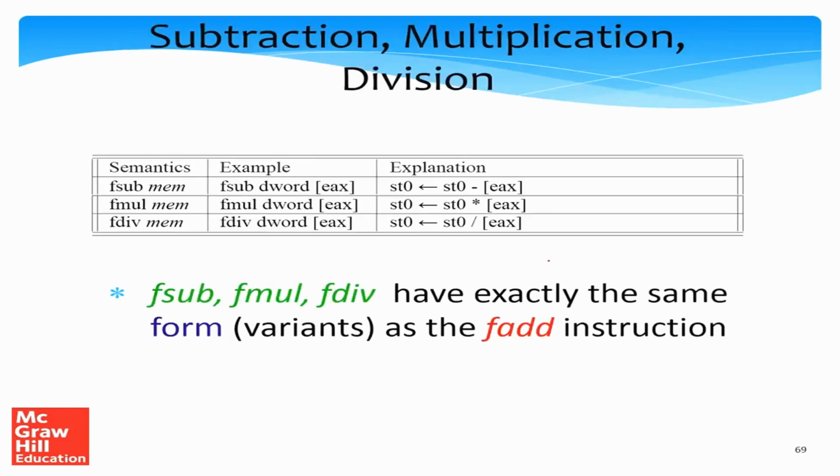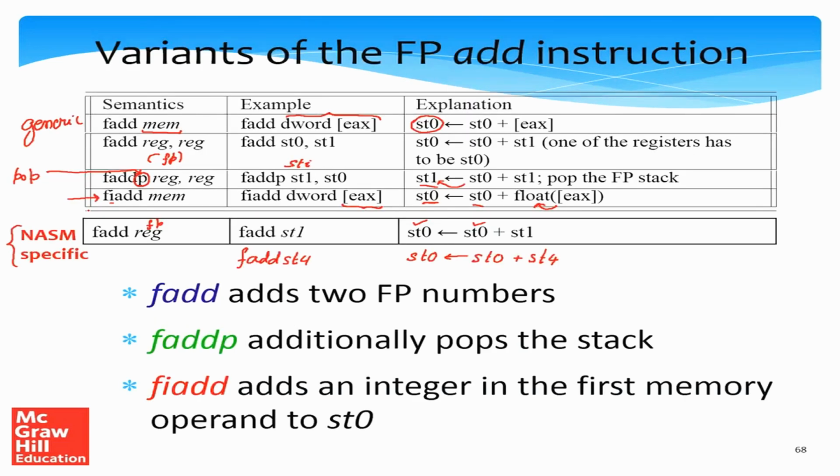So similar to add, we have subtract, multiplication and division instructions which work in exactly the same way and have the same variants also. So let me write it down. So exactly the variants that we have seen over here, they can take a single memory operand as the argument of the instruction, or they can take two floating point registers.